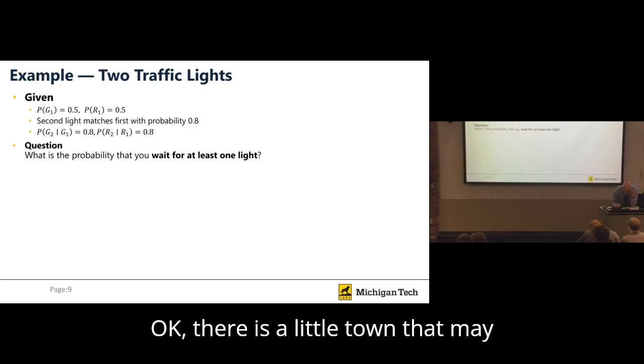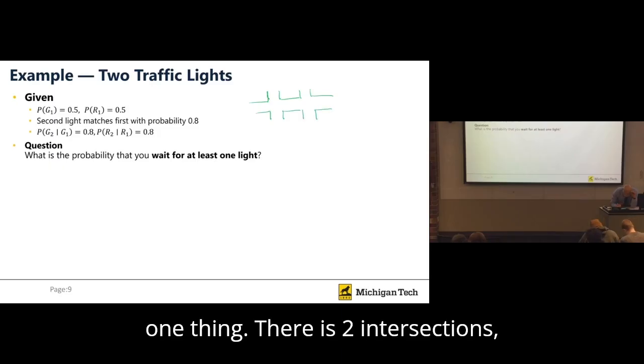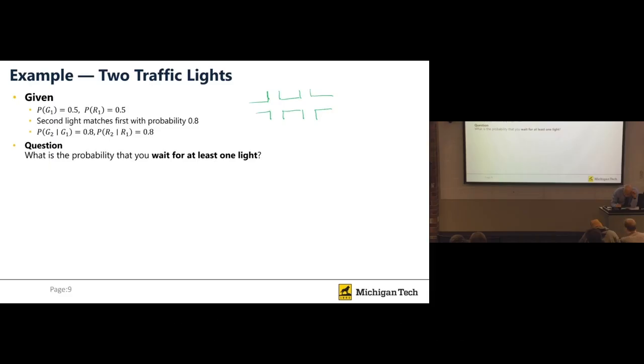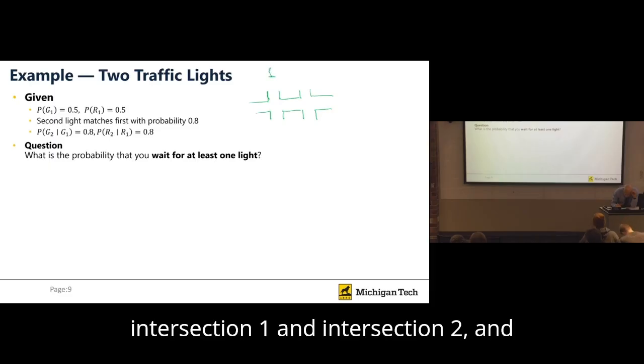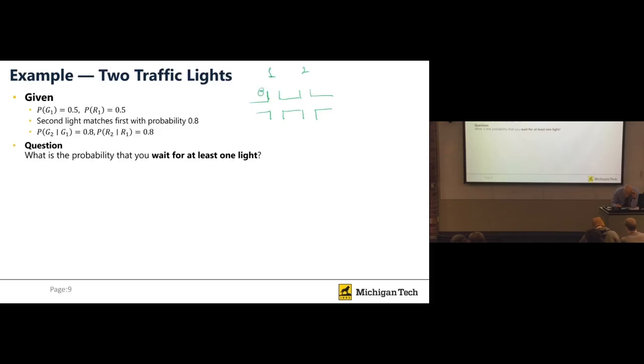There is a little town with just one road. There are two intersections, intersection 1 and intersection 2. And there are two traffic lights here.